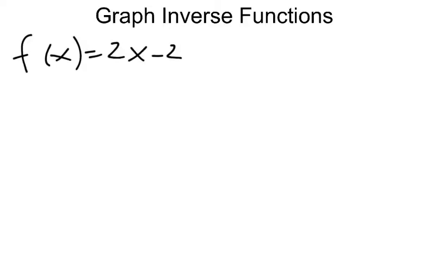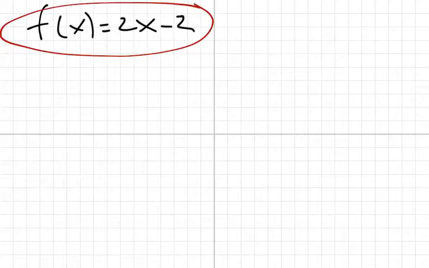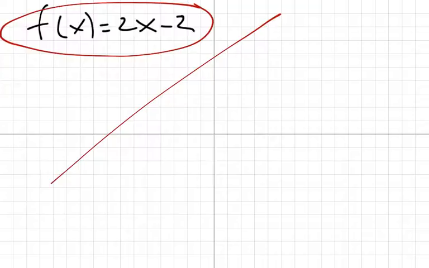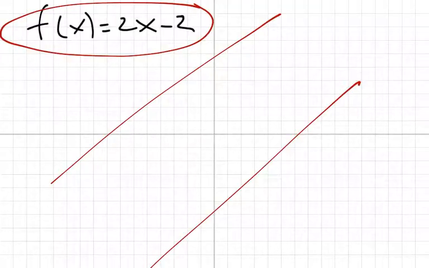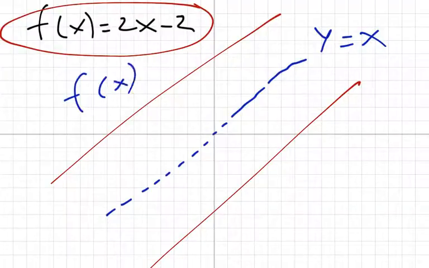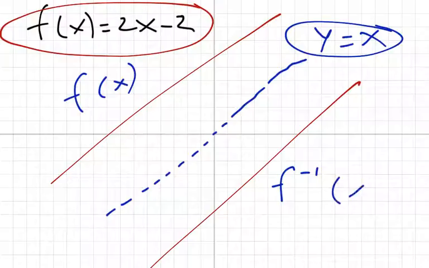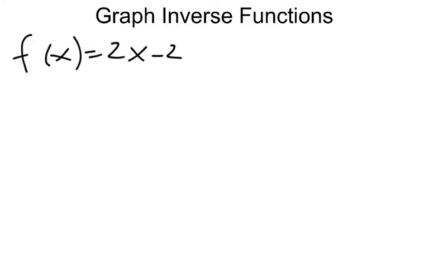My outcome is that I want to graph my function itself, the inverse function, which should be something around there, and the line of symmetry, which is y equals x. So I'm going to graph my function, the line of symmetry, and your inverse function. I always ask for those three lines whenever I'm graphing inverse functions.